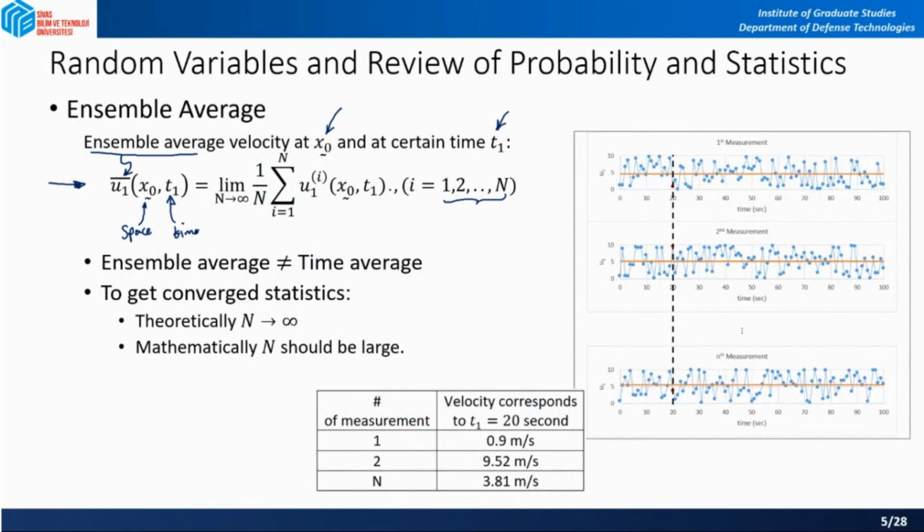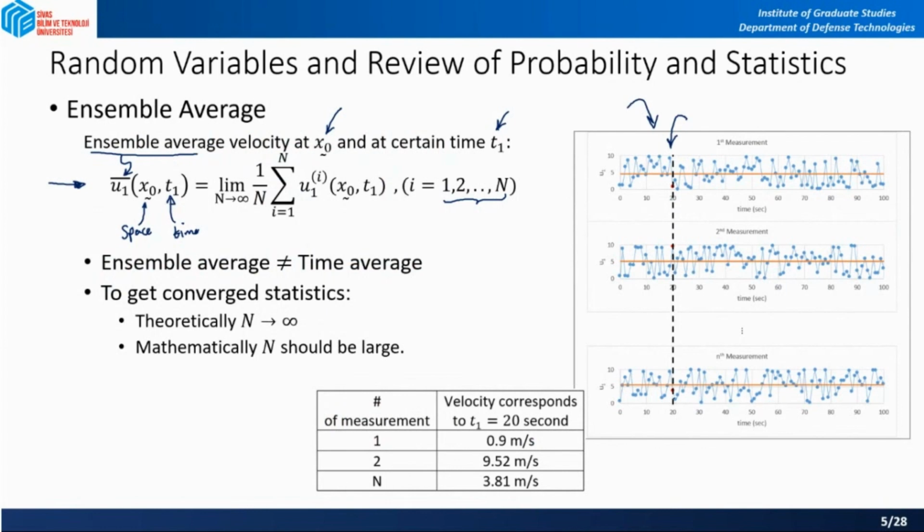What exactly do we mean if we have all these data collected? These data, as I said, we have all of them collected and kept on a hard drive. We select a certain time. For example, here I have selected the 20th second.